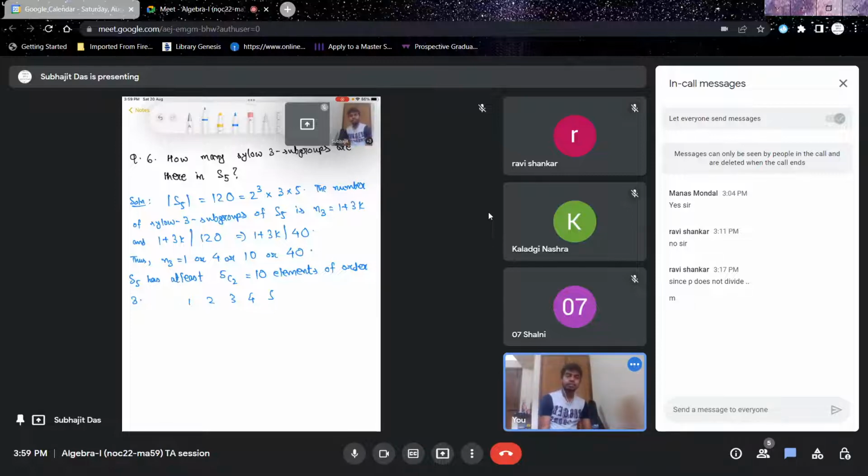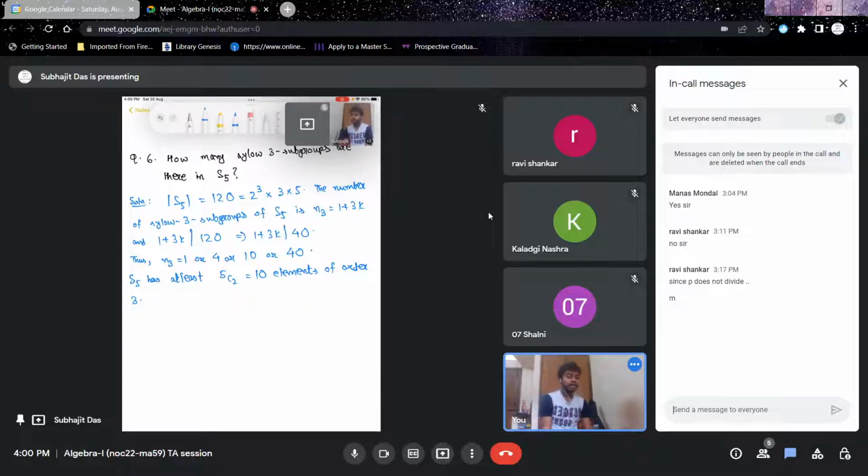Any 3 cycle is given by 3 elements. Just for the time being, forget the ordering of the elements. So this is 1 3 cycle, this is also 1 3 cycle, so we'll just forget the ordering. The number of selections of 3 elements has to be 5C3, that is 5C2, which is 10, right? So basically what I'm saying is there are at least 10 different 3 cycles of S5.